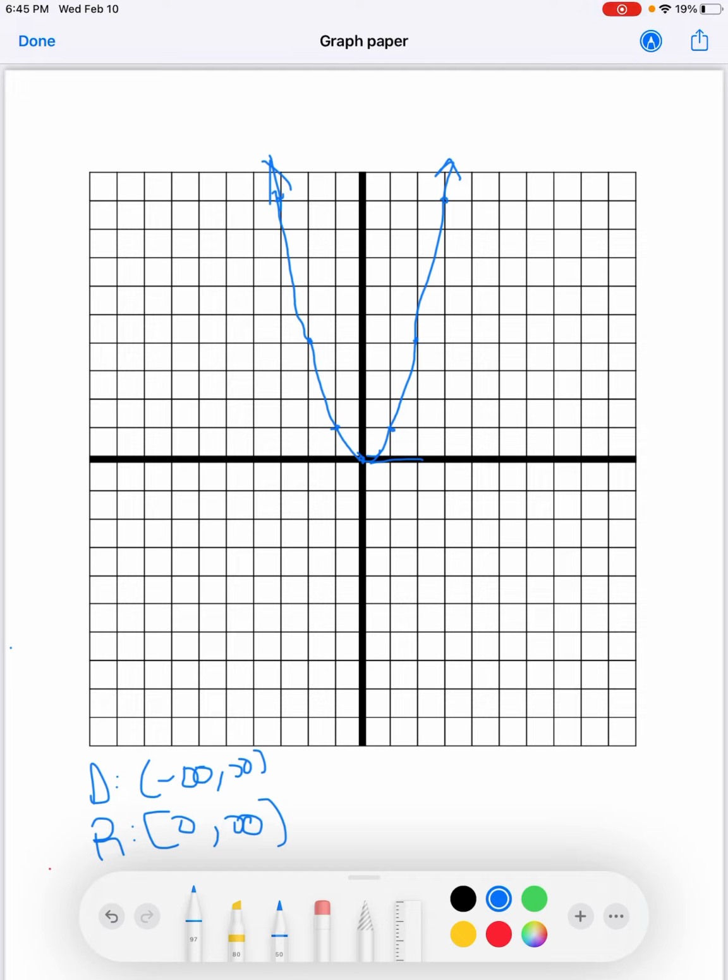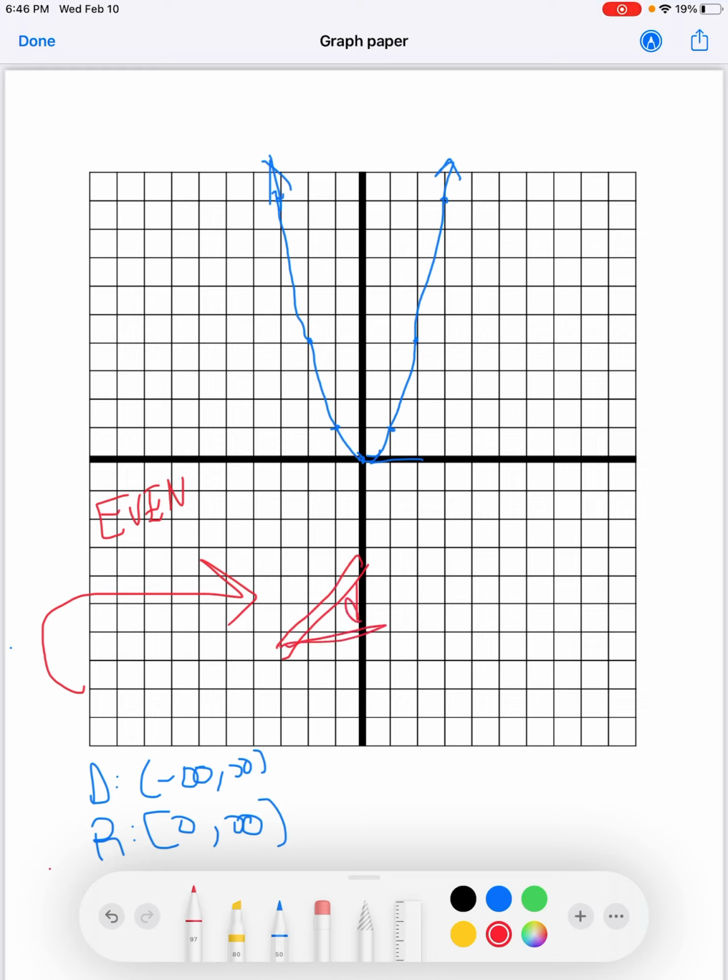Is the graph even or odd? Okay, for one thing, you might be saying, what's even or odd? Well, here's what it is. If it's even, then it's going to be able to bend in half this way. So imagine if I took this side and folded it over.